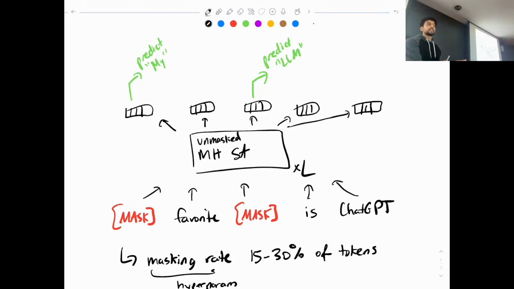And now I take these representations that are output at the final layer here, and I have some process for combining them into a single vector.